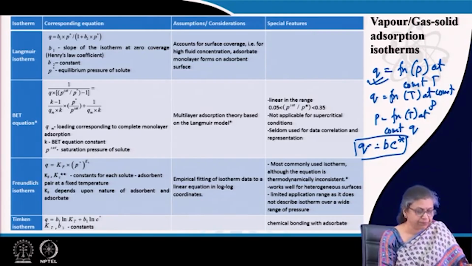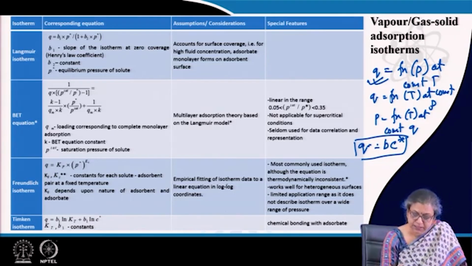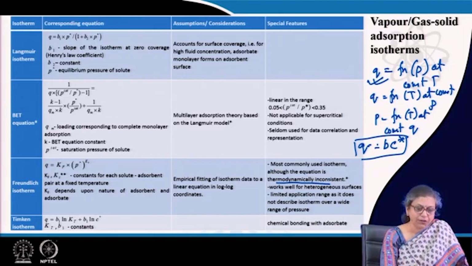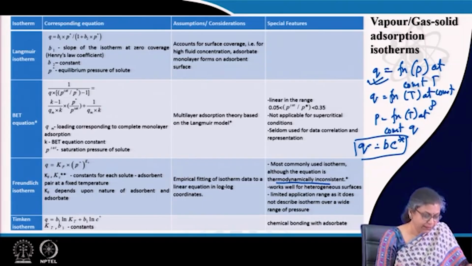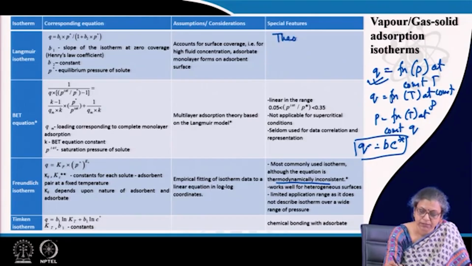From whatever is written, you can understand that although the Freundlich equation is the most commonly used equation, it is thermodynamically inconsistent. On the other hand, the Langmuir equation, although not so much used, is theoretically justified.